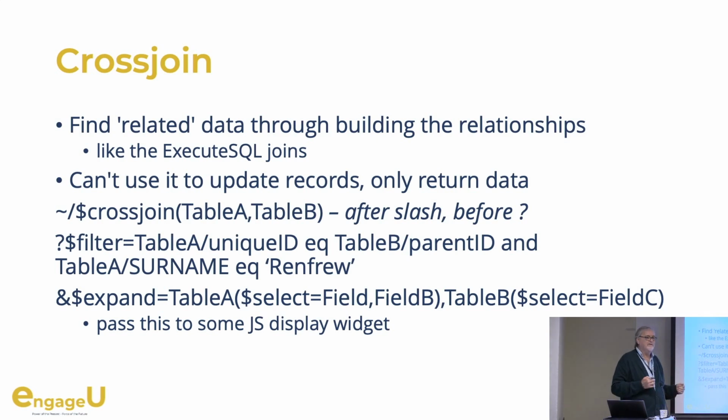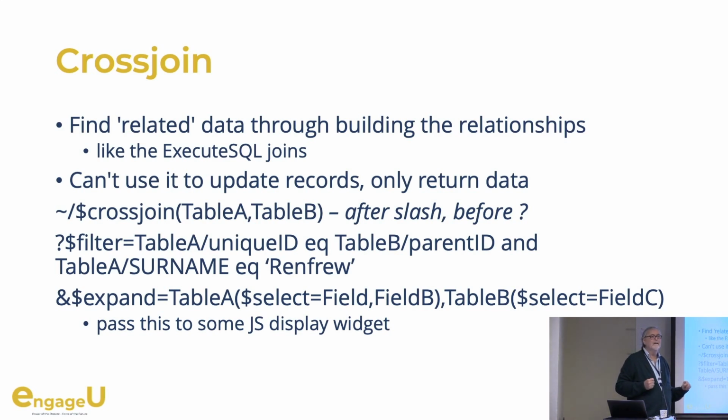And the reason I've created the relationship is because instead of just wanting one field back from one table, like I did with the unique ID in the previous example, what I'd like back is fields across both tables. And so for this, we use the expand. So take that and expand it, so that I've got select first field and a second field from this table, but also select that third field from the other table at the same time.